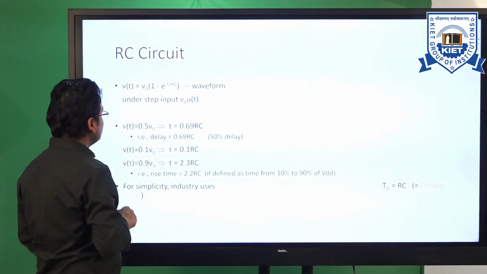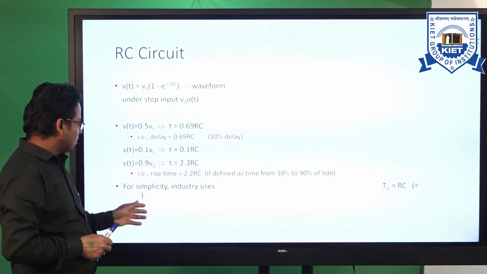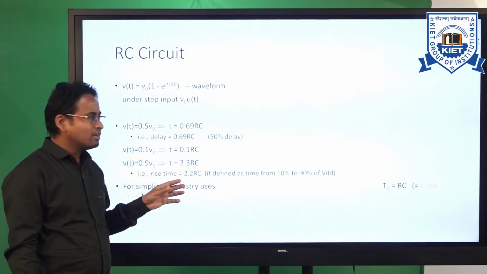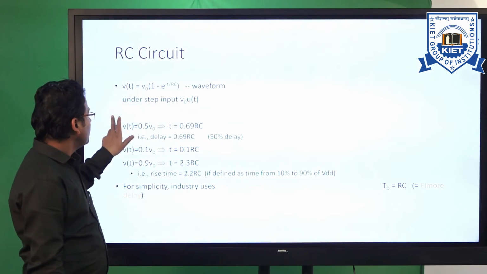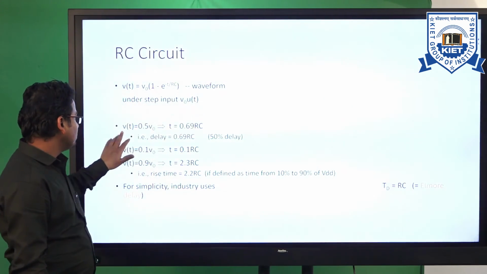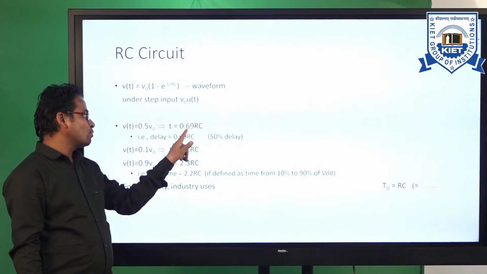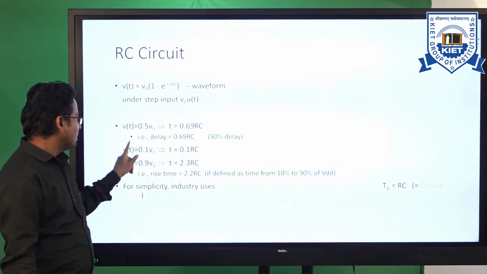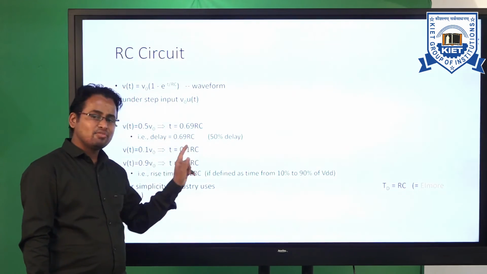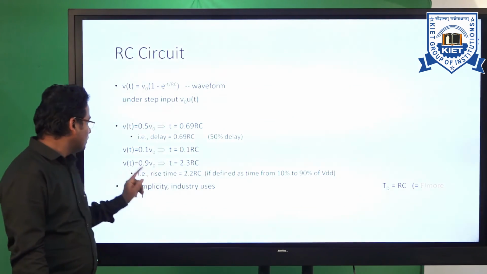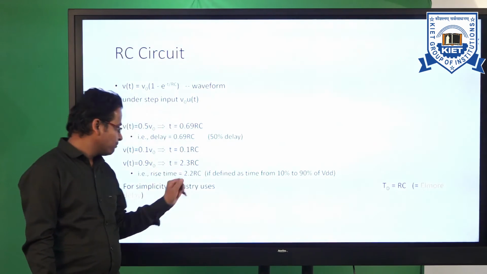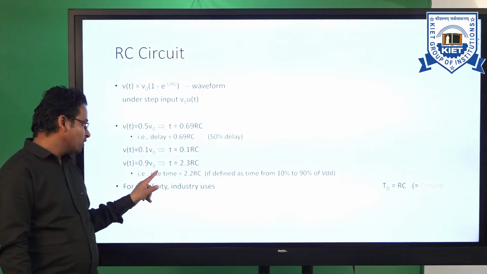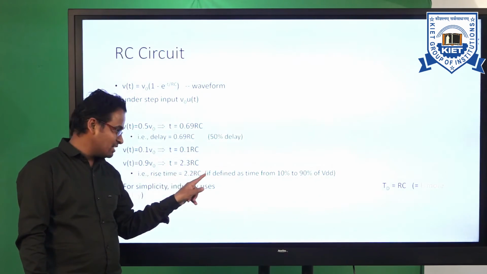RC circuit. So that is the total numerical, you can say, in which v(t) is this one. Under the step input signal, v(t) is 0.5 V naught, where t is 0.69 RC. That is the delay, 0.69 RC, the 50% delay. v(t) is equal to 0.1 V naught, where t is 0.1 RC. v(t) is equal to 0.9 V naught, where t is 2.3 RC.